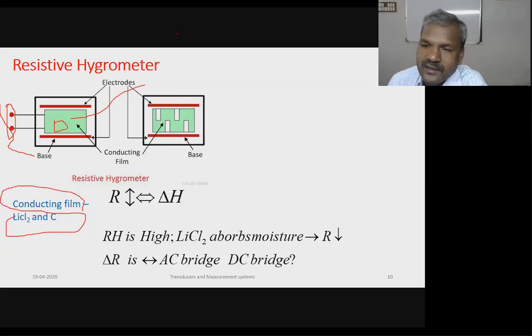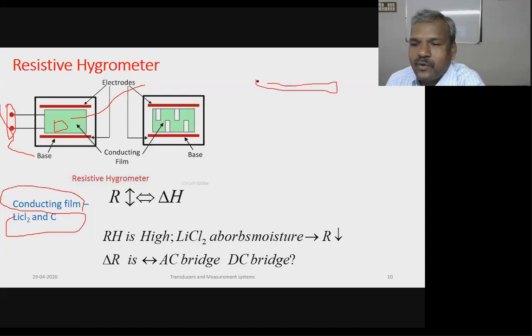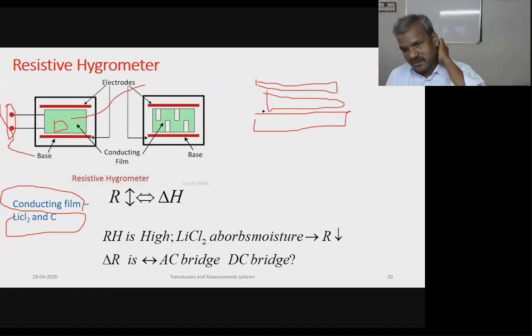What is meant by polarization? One plate is here, another plate is here. When we place the lithium chloride here, there is a separation of charged particles. The charged particles are attracted towards the electrodes. That is called polarization. So when we apply electric current on the electrodes, polarization occurs.